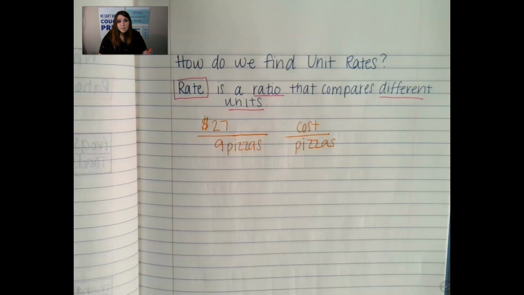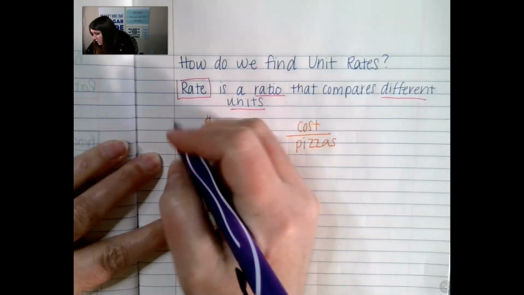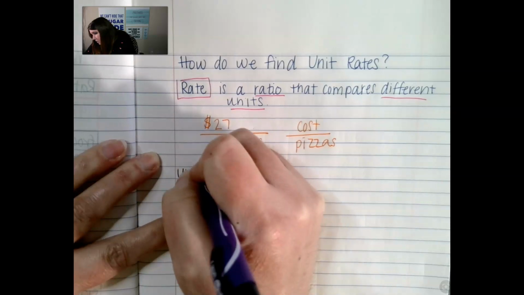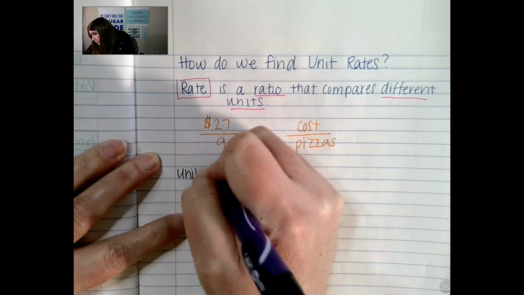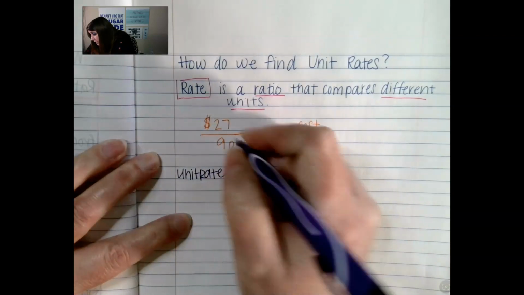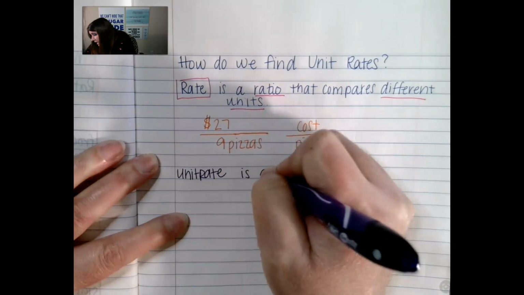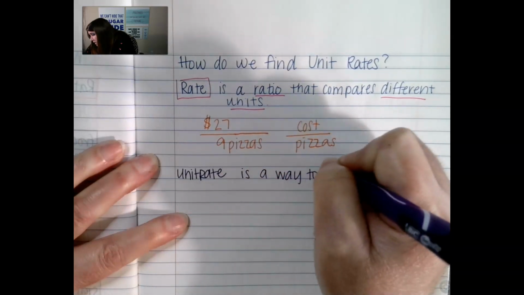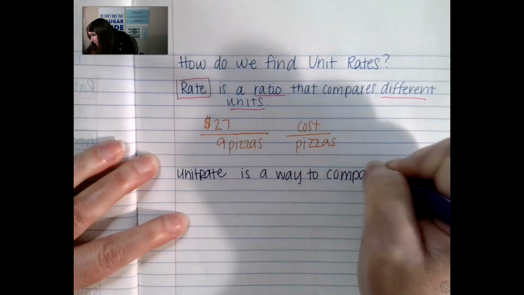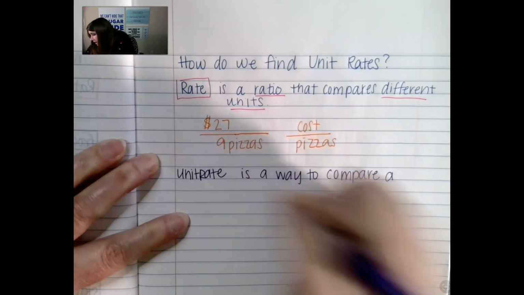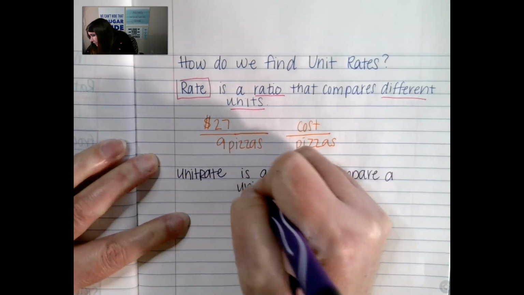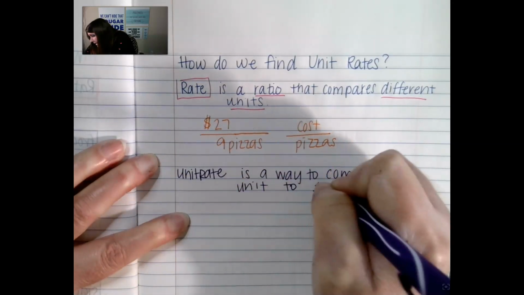Now, we could do a unit rate, which allows us to know how much it is for one pizza. So a unit rate is our topic today. A unit rate is a way to compare a unit to 1.